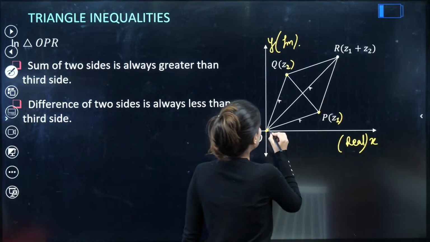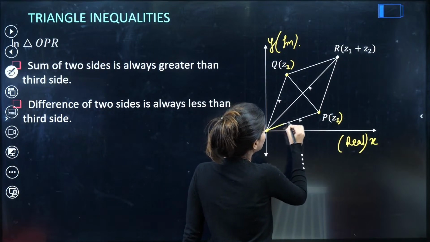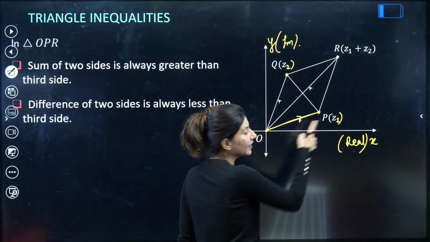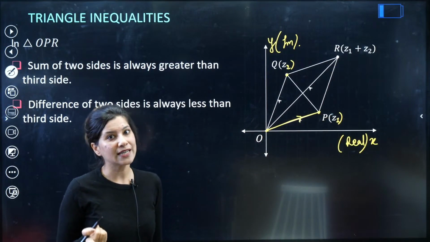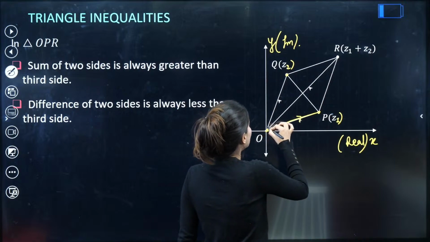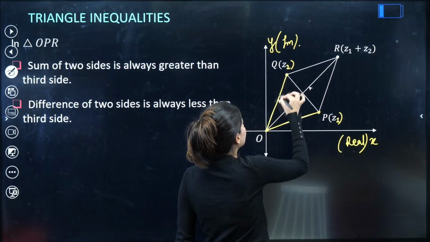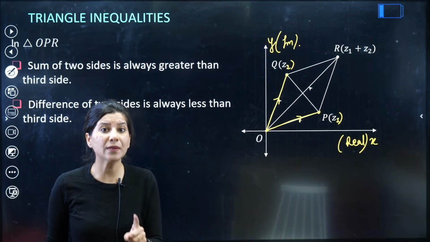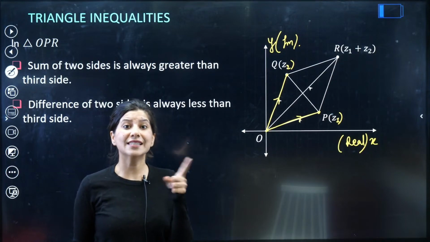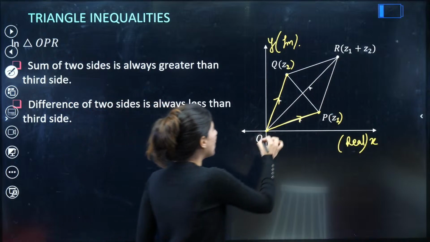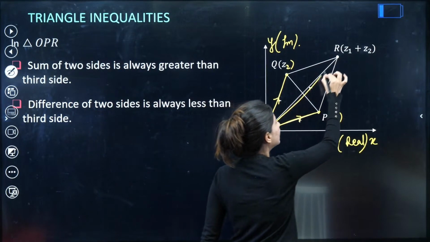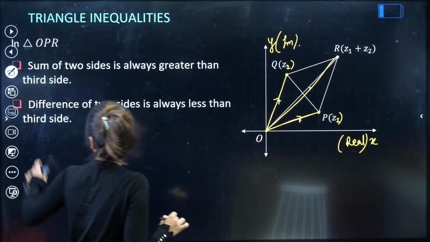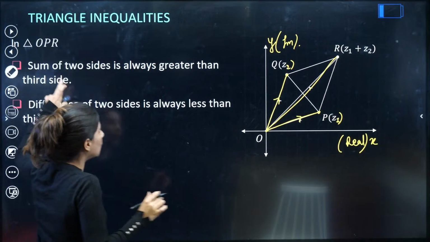So first of all, let us understand this OP is nothing but Z1 vector. Agree or not? OP vector is what? Z1 vector. OQ vector is your Z2 vector, right? And now, if you want to write Z1 plus Z2, you have to write the resultant vector, that is your OR vector. Can you see this OR vector? So this OR vector is nothing but Z1 plus Z2, okay?